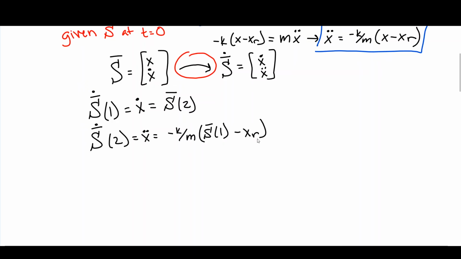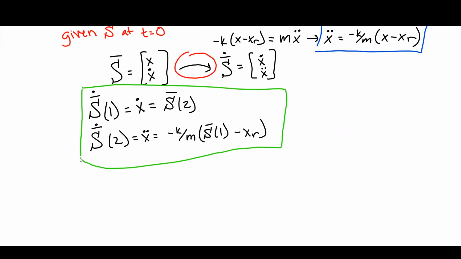In this here now we have first order differential equations. We have a relationship between s dot and s in two equations. So we have s dot 1 and s dot 2, which are represented as functions of s. So these are a first order differential equation, or a series of two first order differential equations. And this is programmatically what we're going to hand to MATLAB. It's basically a tool of saying, here's how you get from s to s dot.